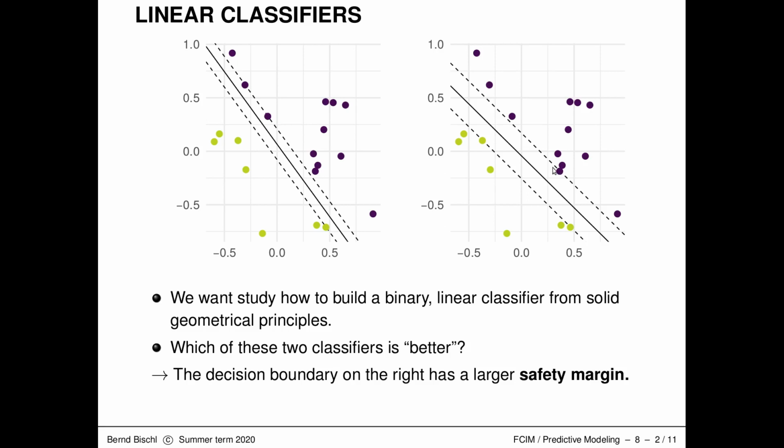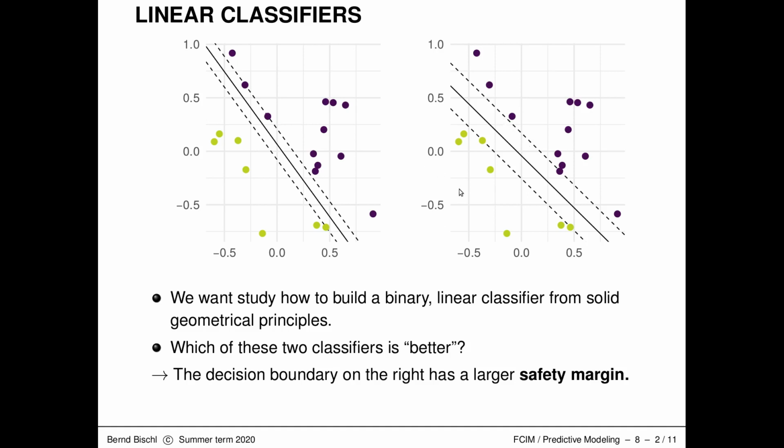It's intuitive and reasonable that this margin should be as large as possible, because this data is going to be random, right? It's going to be sampled from a distribution, and of course the exact locations of these points are going to fluctuate somewhat.